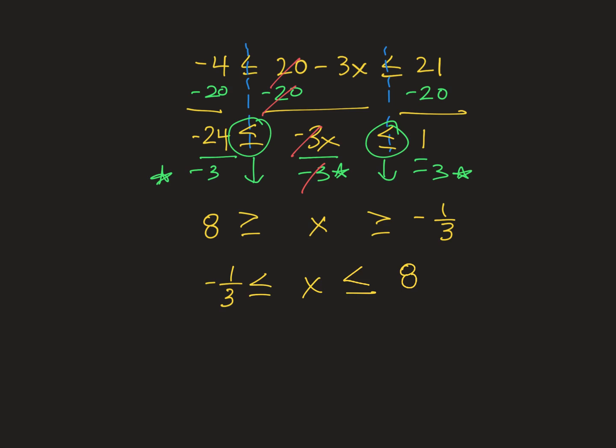So now everything that's written is going to line up nicely with my number line. Negative 1/3 there. 8 is right there. X can be any number in between those two, so I'm going to shade everything in between. Both are or equal to, so both get square brackets.